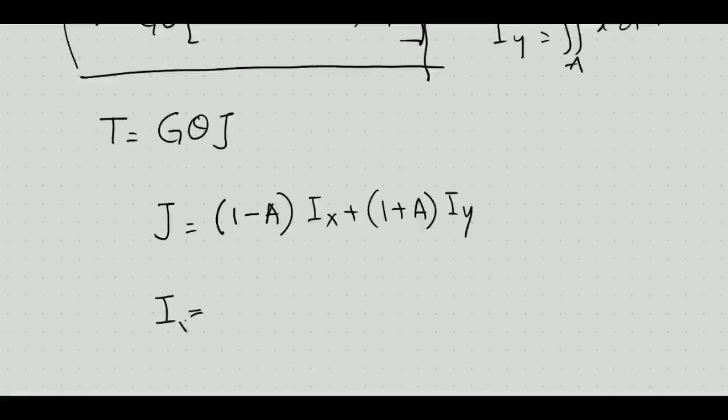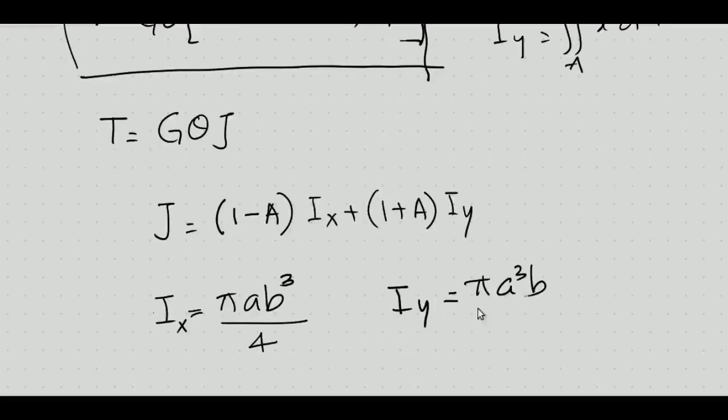Ix is pi a b cube divided by 4. Note that the x axis is along the major axis and the y axis is along the minor axis, then only Iy is equal to pi a cube b divided by 4.